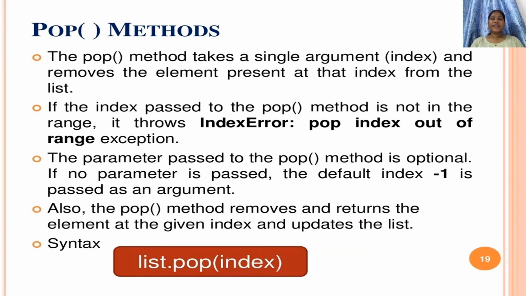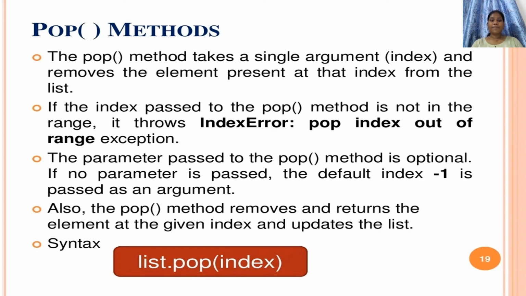Pop method in list operations. The pop method takes a single argument, that is index, and removes the element present at the index from the list. If the index passed to the pop method is not in range, it throws an error: pop index out of range exception.